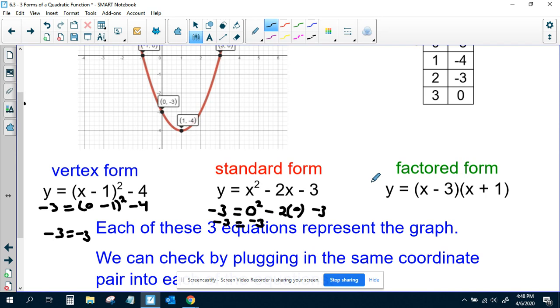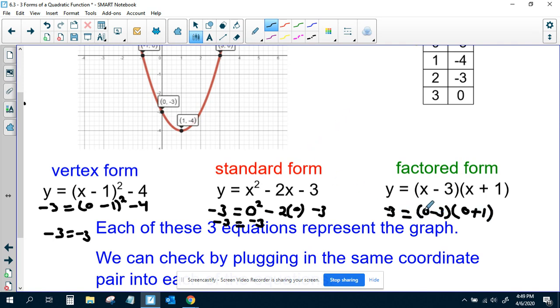Let's check one more time with factored form. We're going to plug in negative 3 for the y, and 0 for our x. We're going to have 0 minus 3 times 0 plus 1.